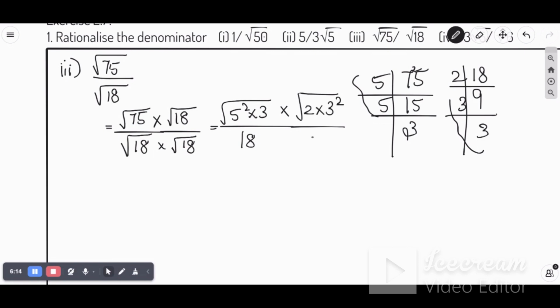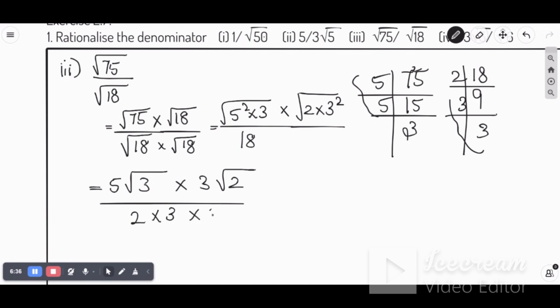Okay. So now the next step will be, you can take this 5 square as 5 square root. So 5 root 3 into 3 root 2. The 2 remains inside and 3 square comes as 3 outside. And 18 you can write it as 2 into 3 into 3. So now we can cancel it.